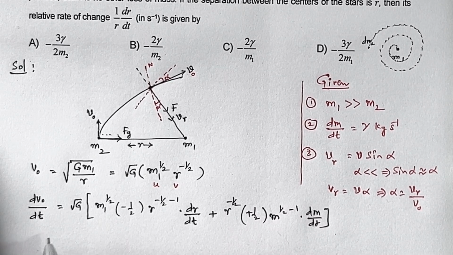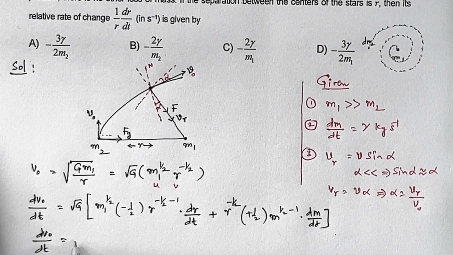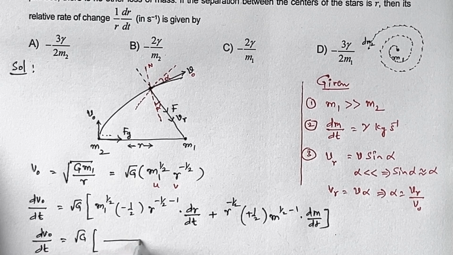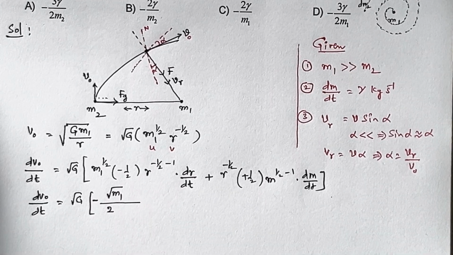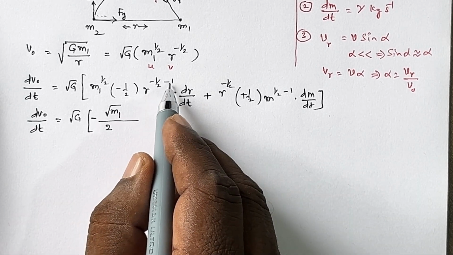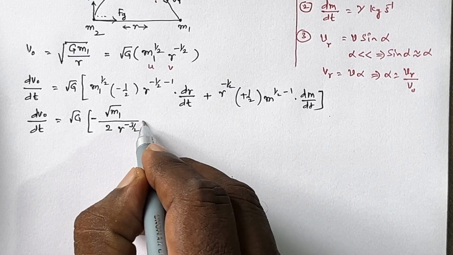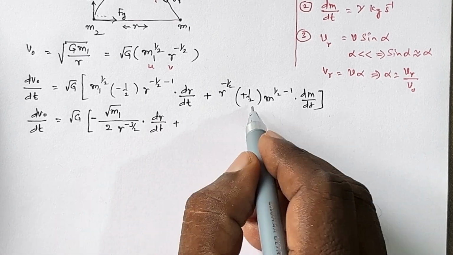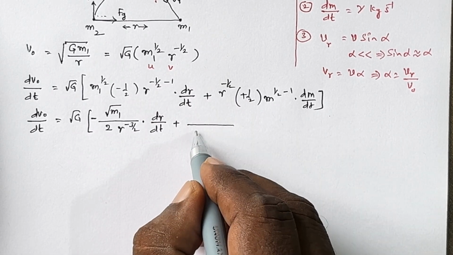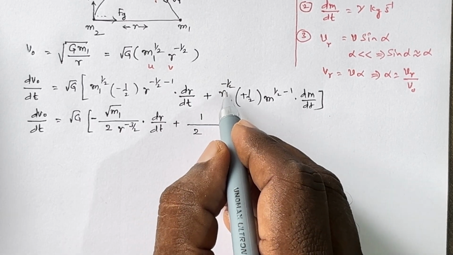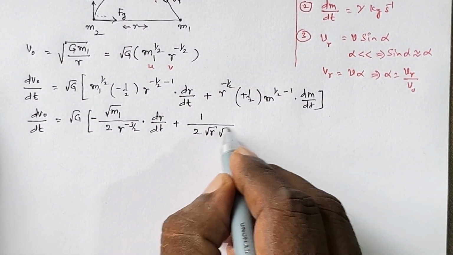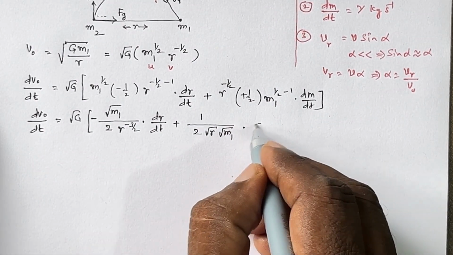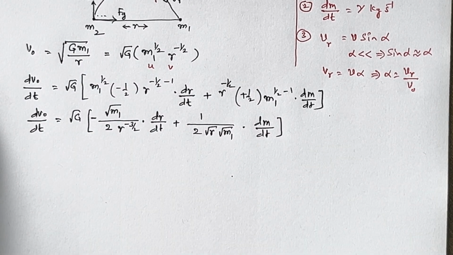Let us simplify: dv naught by dt is equal to root G, minus 1 by 2 root m1 r power minus 3 by 2 into dr by dt, plus 1 by 2 times 1 over root r times m power minus half, which comes into the denominator, so it is m1 into dm by dt. Let us further simplify this one.